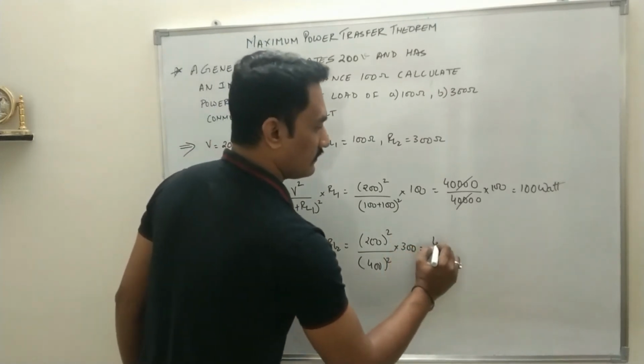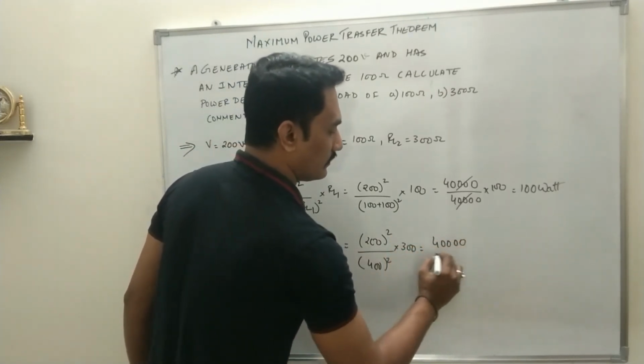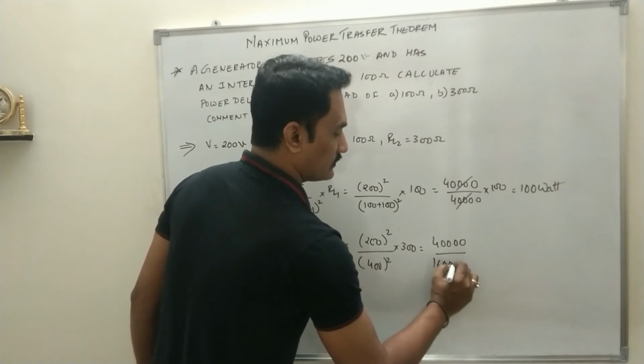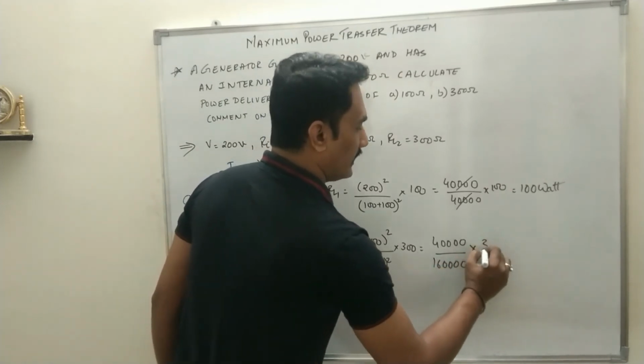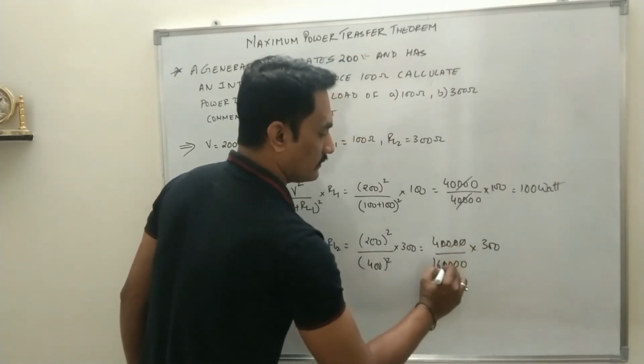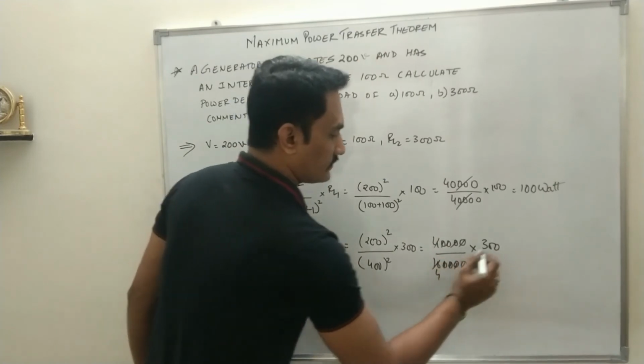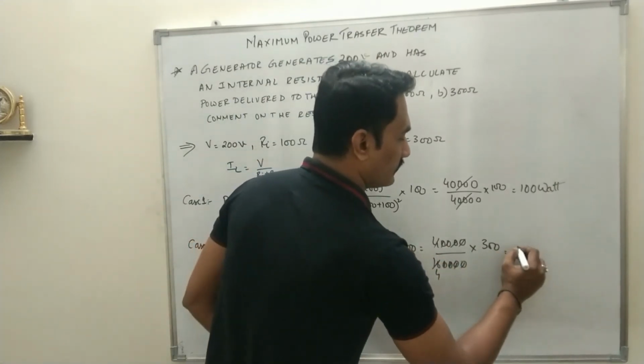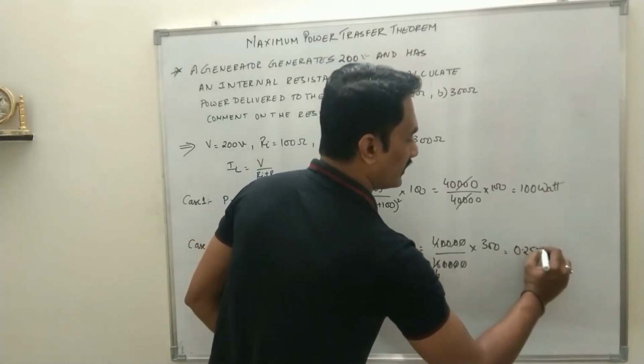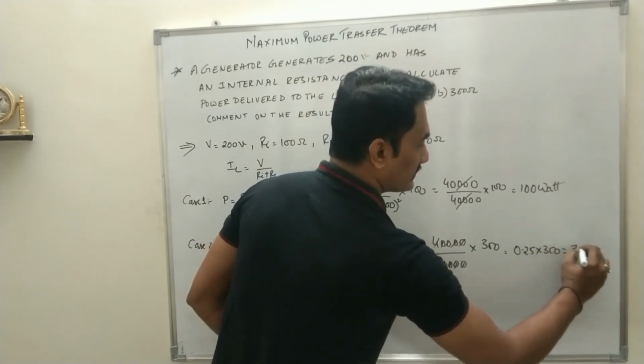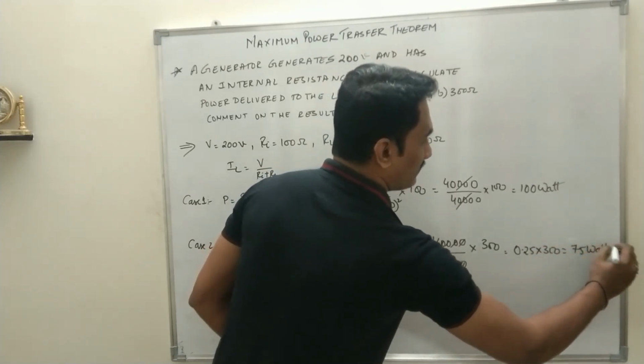So this is 40000 upon 160000 multiplied by 300. So this is 1 upon 4, so it will be 0.25 multiplied by 300, which is 75 watt.